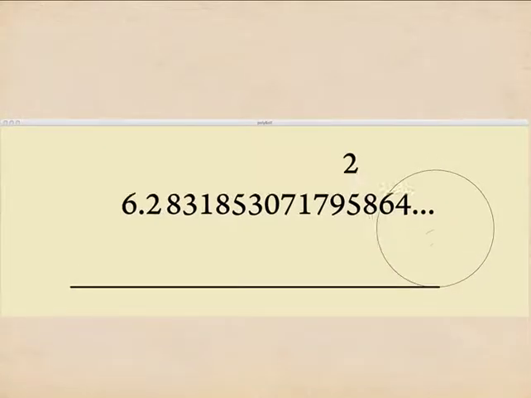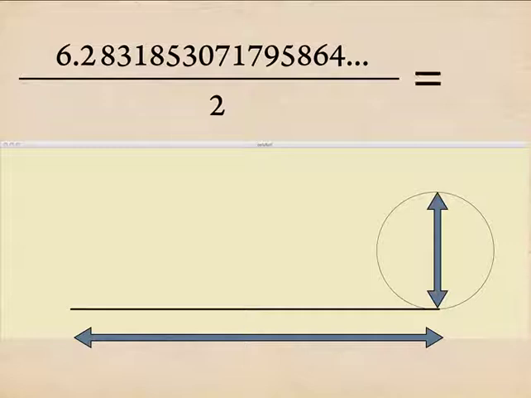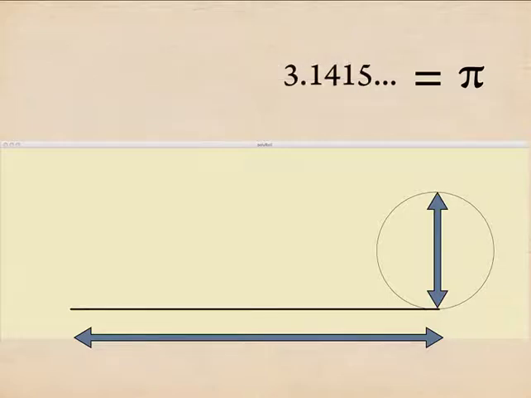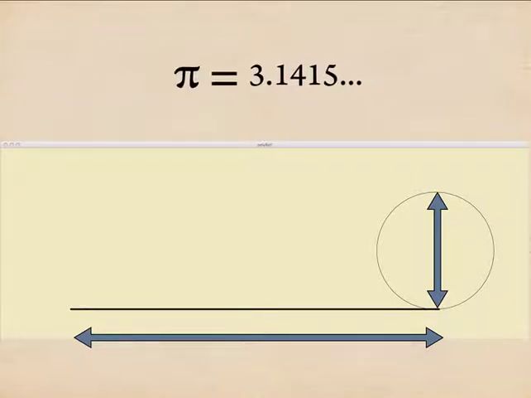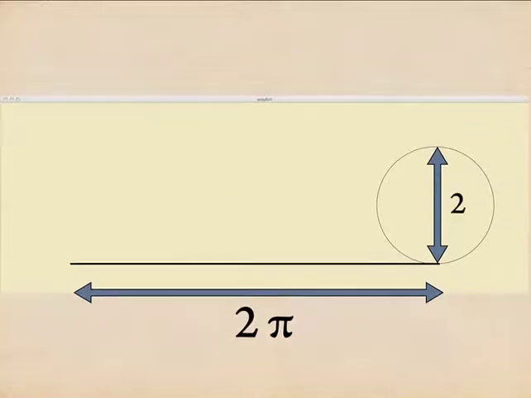If you divide 6.28 by 2, the number you get is the number we mean by pi, which has a value of around 3.1415. So if you measure the length of the line at the bottom, the distance we would walk if we walked around the circle, that distance is about 6.28 or 2 times pi. So we know that the distance around a circle of radius 1 is 2 pi.